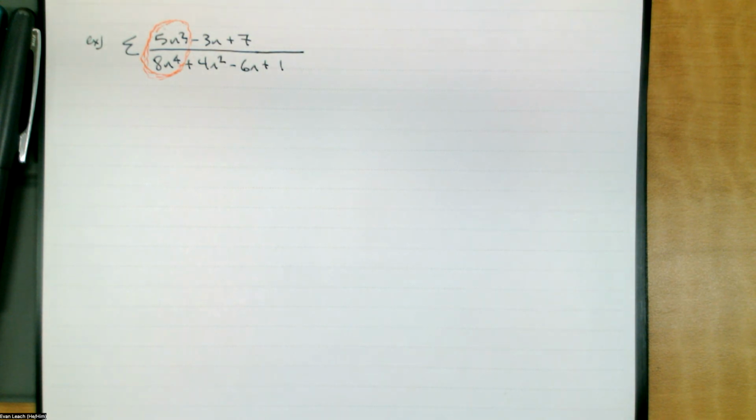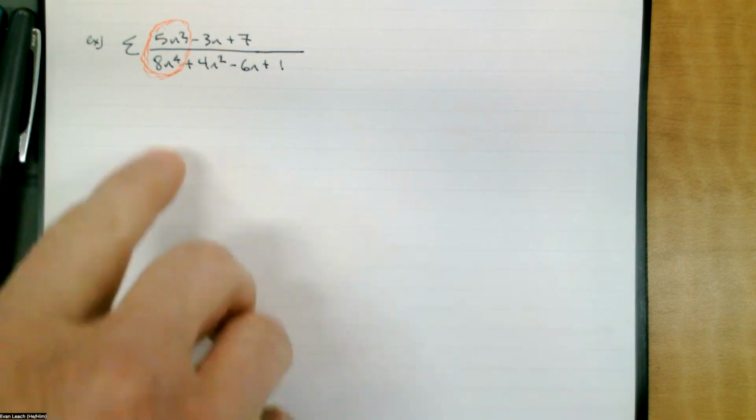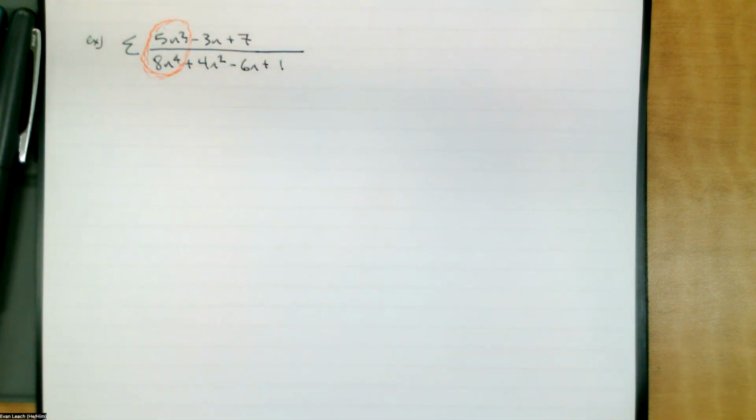But when n is equal to 10^6, 8n^4 is what matters. If you're plugging in a billion, a billion to the fourth power is way more important than a billion squared. A billion squared is nothing compared to a billion to the fourth power.